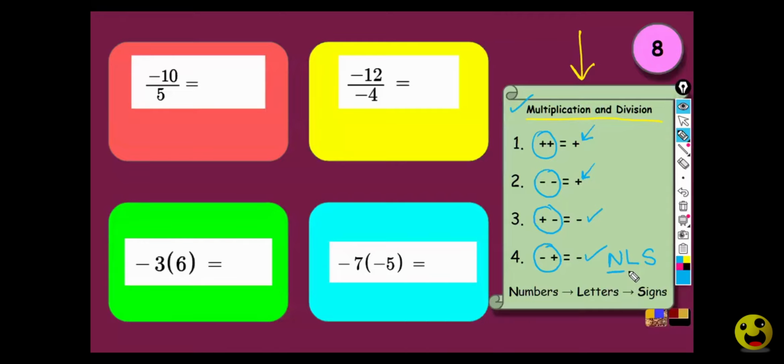Then I will focus on all my letter calculations. And then I will do my signs last. So I just call it numbers, letters, and signs. Do it in that order, right? Handle the numbers first, handle the letters second, and last do the signs, right? So take 20 seconds, take down these rules, and then we're going to try these 4 questions in front of us, okay?